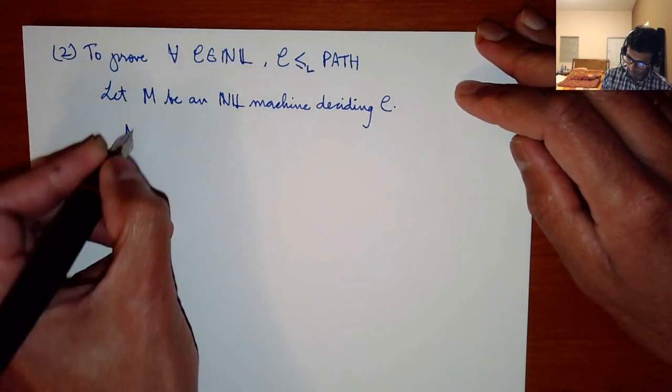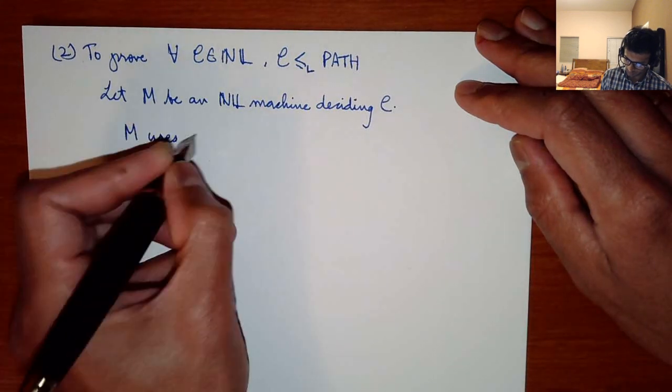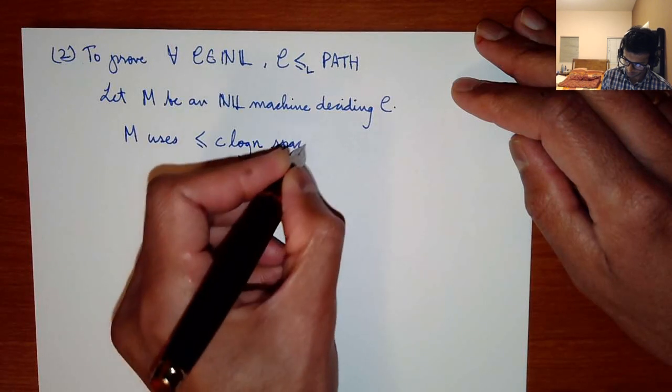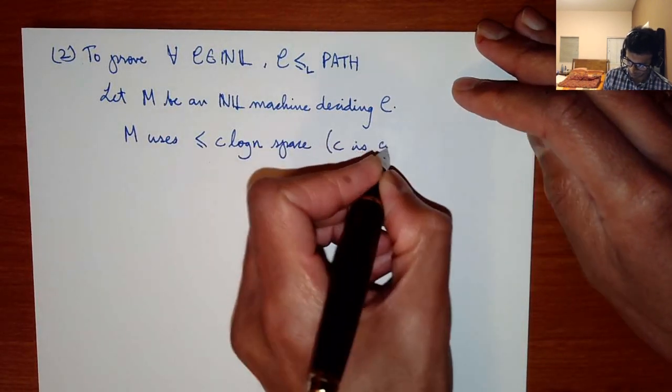So M uses at most c log n space, where c is a constant.